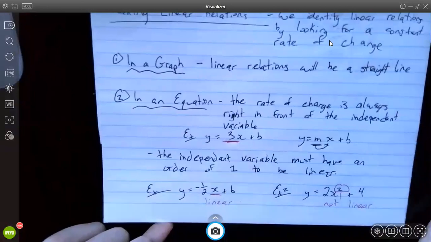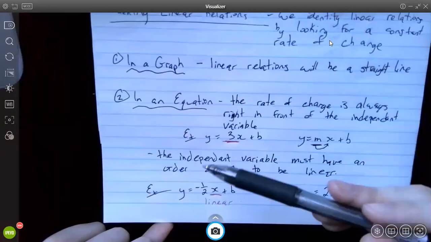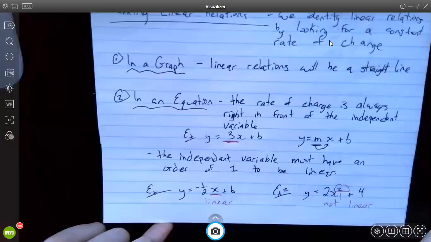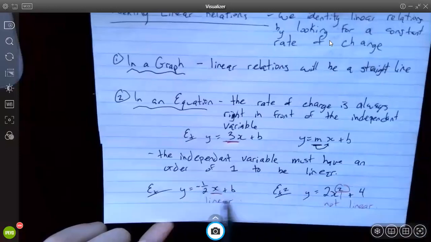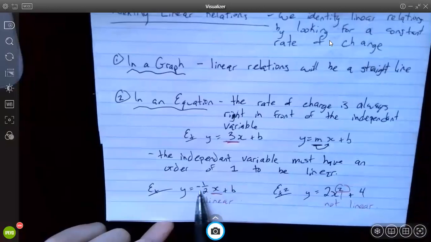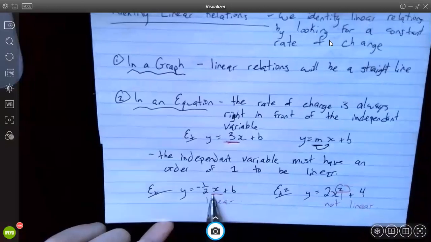In order for this to be a linear equation, though, the x value, or the independent variable, must have an order of 1. So if we look at this example down here, y equals a half x plus b, as long as our x is just an x, it's linear.